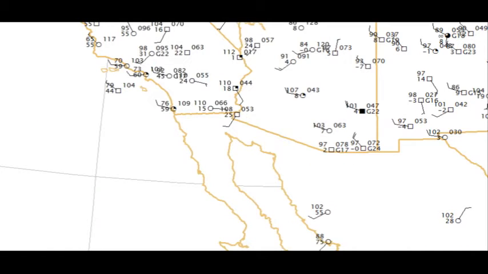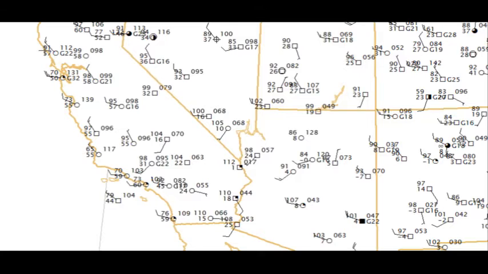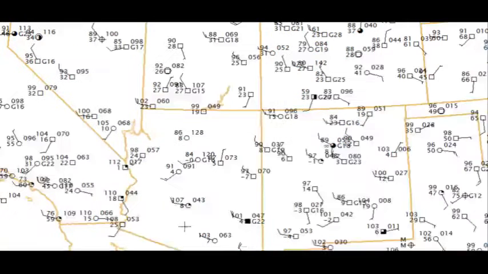And wow, look at those temperatures in California right there. 91 degrees around, I guess, Napa Valley there. 98 around Stockton. 95 through the San Joaquin Valley. 104 in the deserts. And then 110 at Yuma. 112 there at Needles.